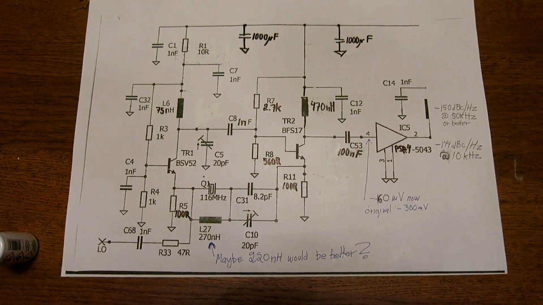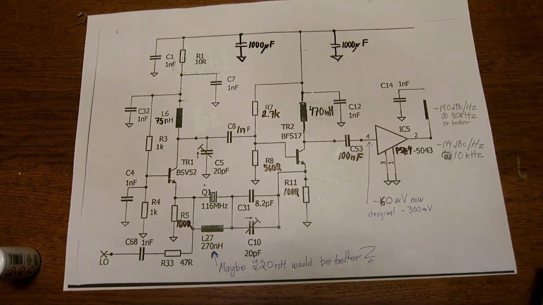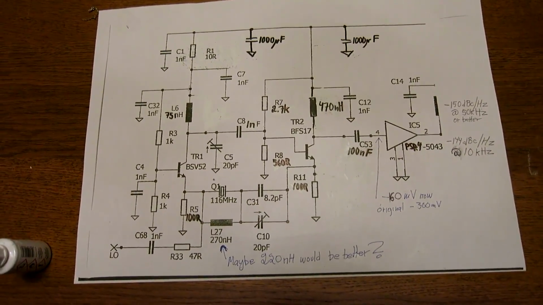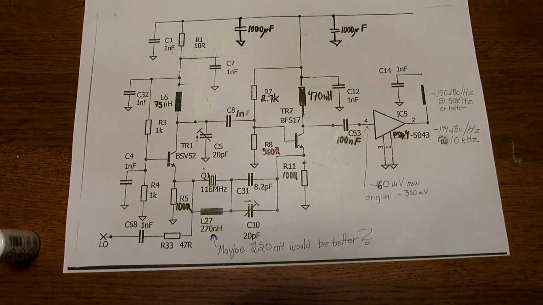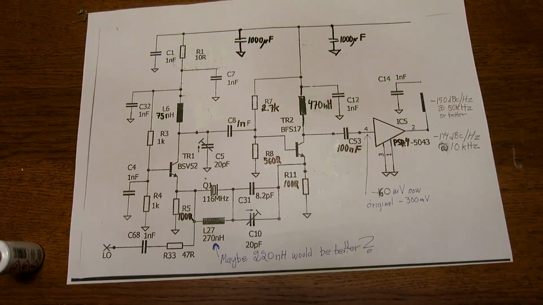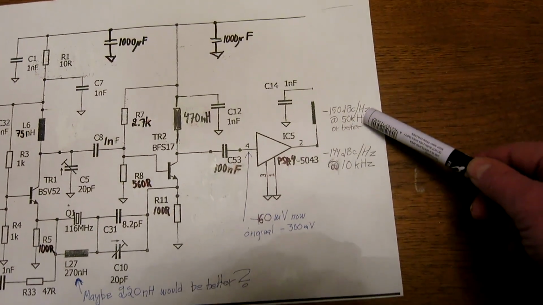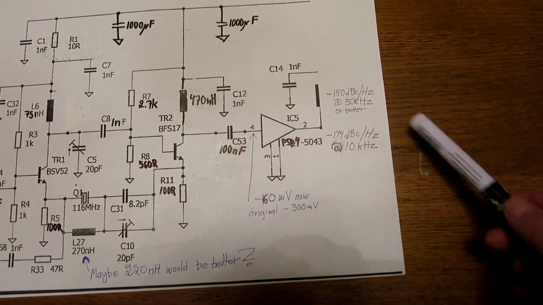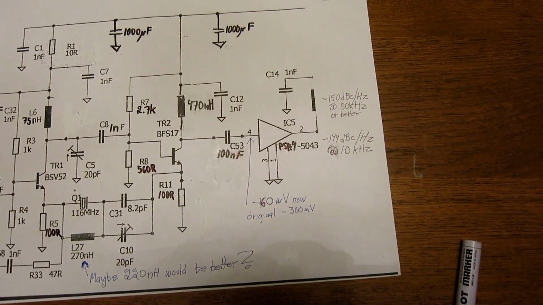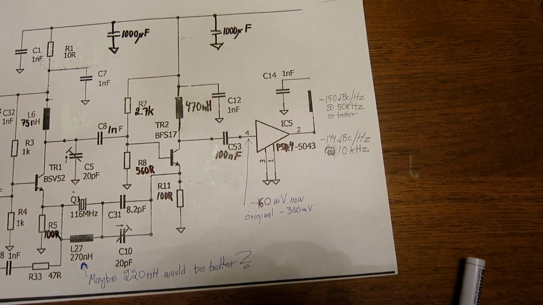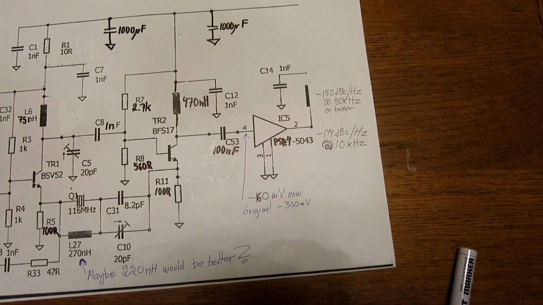This is the schematic diagram of the oscillator as it looks now in my modified unit. What you see here is results I obtained previously when measuring the receiver side without the input amplifier.